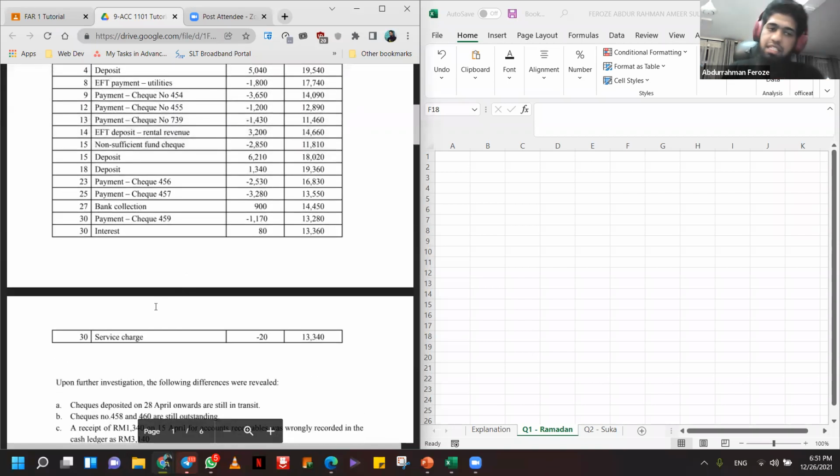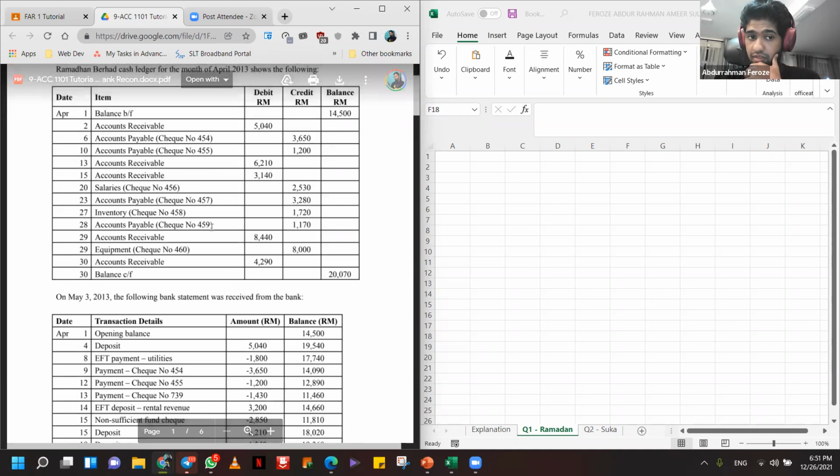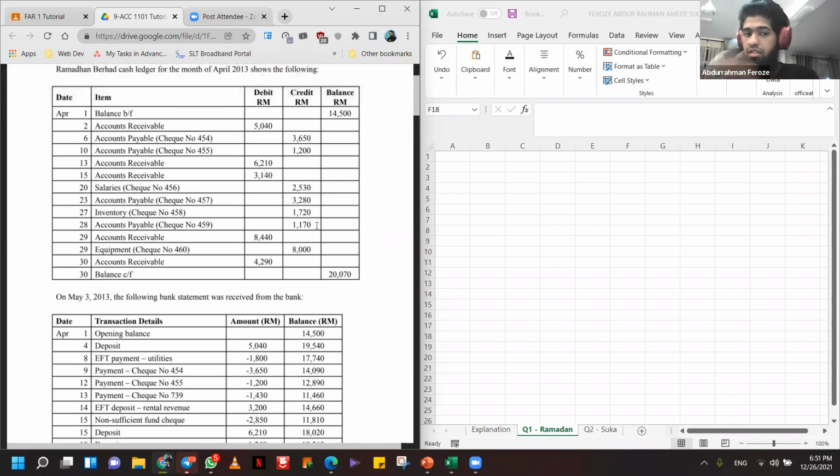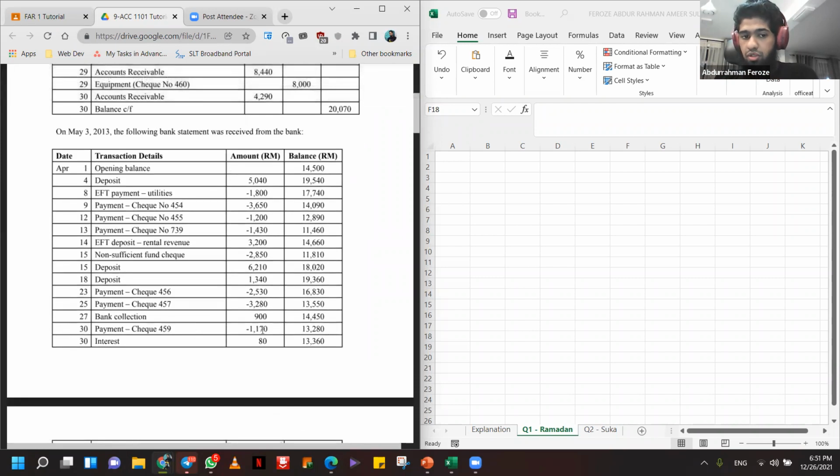Yeah, so basically it's an error. So on A, you have check number 459, which was deposited on April 28th, right? And the company has deposited this check to pay a supplier, and this amount is in transit.